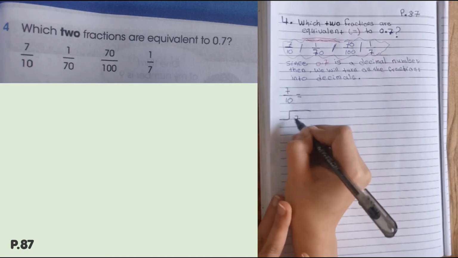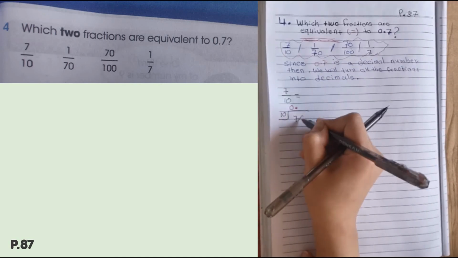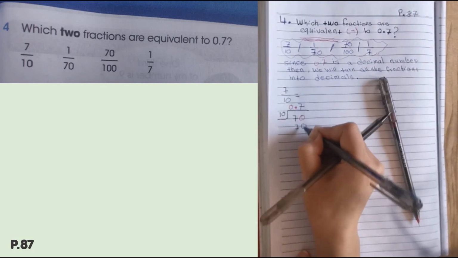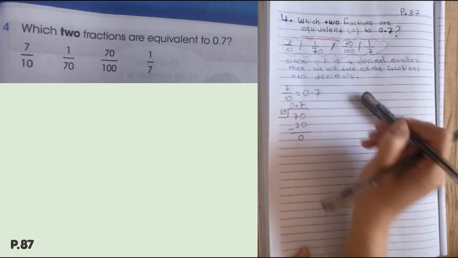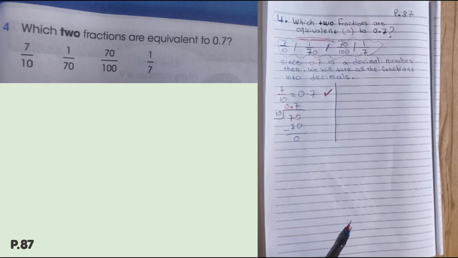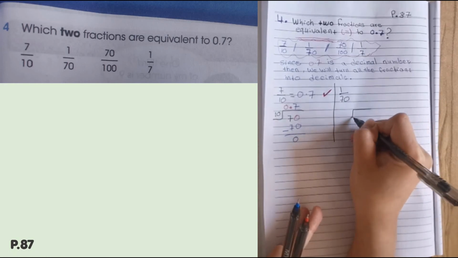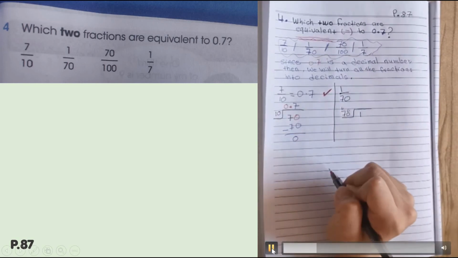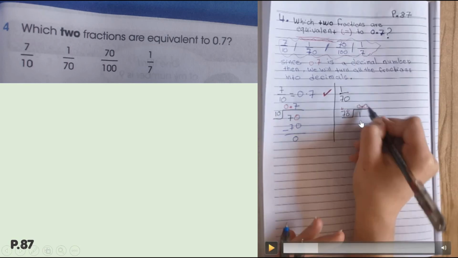Okay, 7 out of 10, we divide 7 by 10. Okay, then we have 1 out of 70. We divide 1 by 70. But this is not your usual division because here 70 is two digits. So we have one digit here.